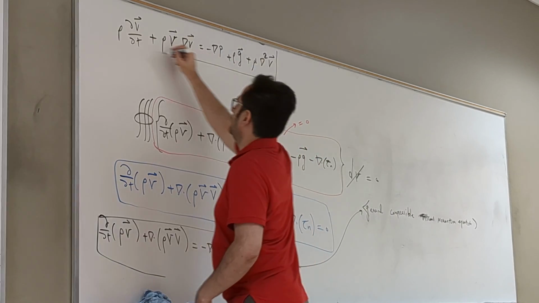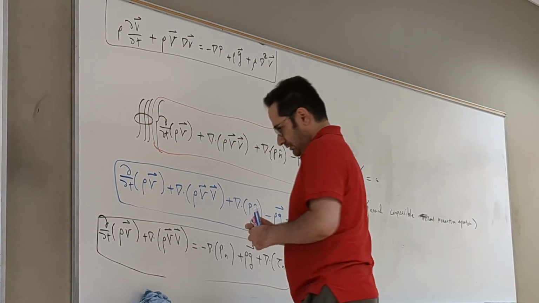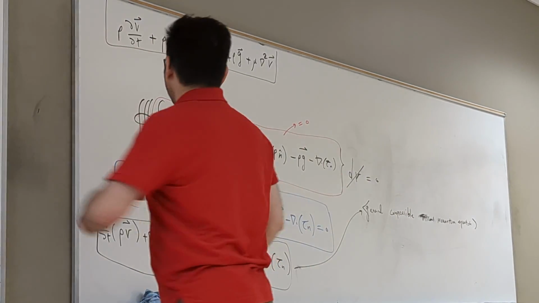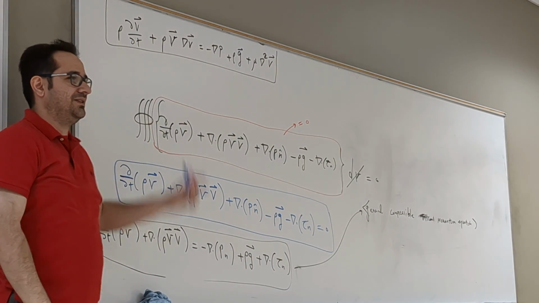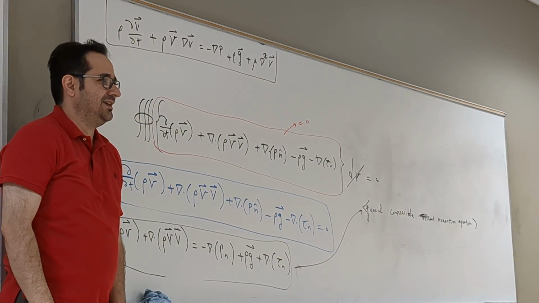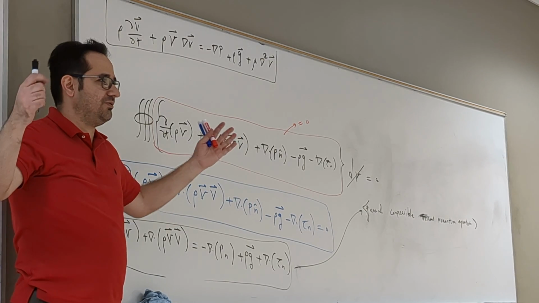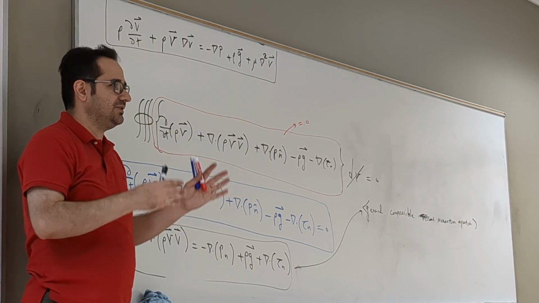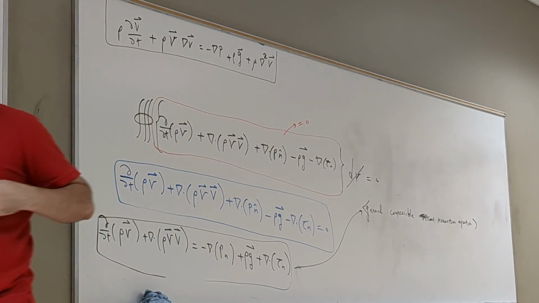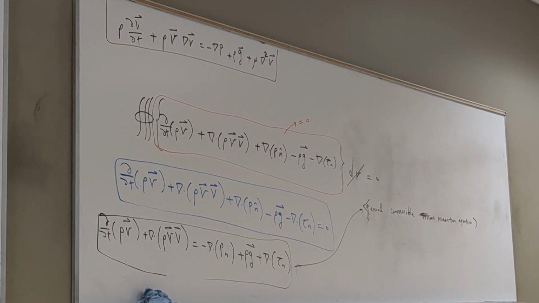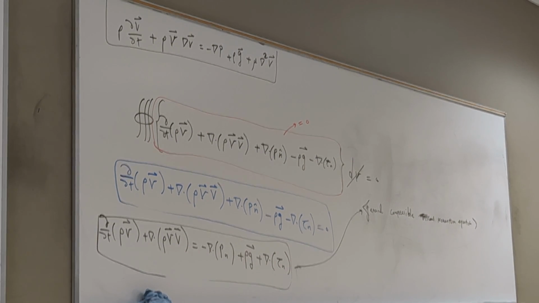That's the final form we use in this class. So is this incompressible or compressible? It's compressible. We didn't make an assumption so far. The reason this becomes 0 is because of continuity, and this continuity holds even for compressible flow.